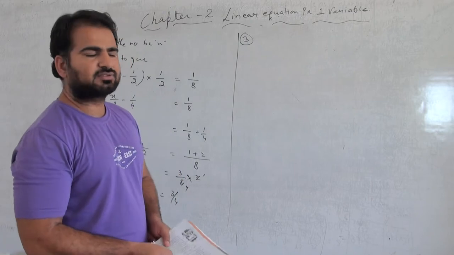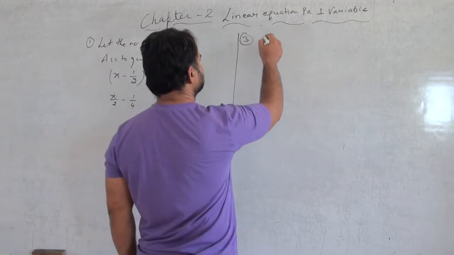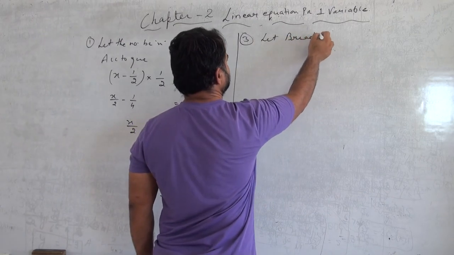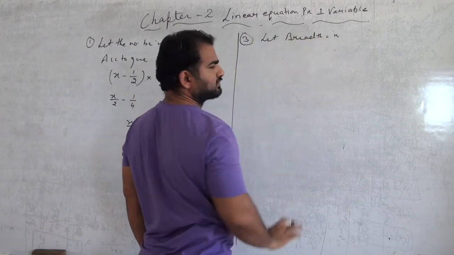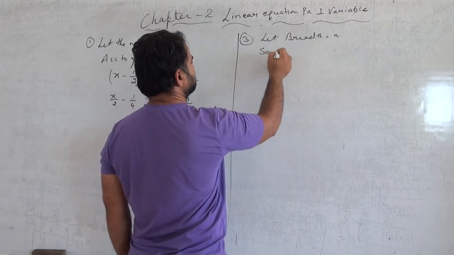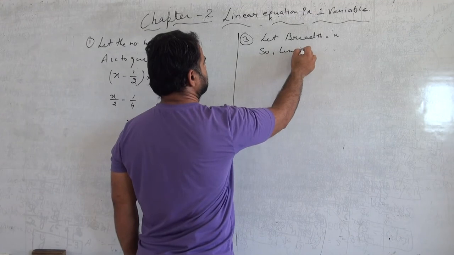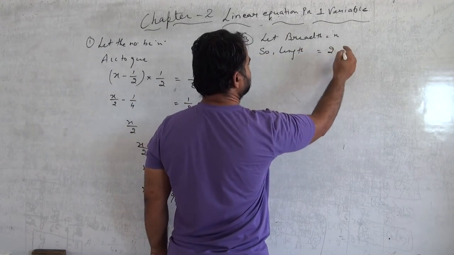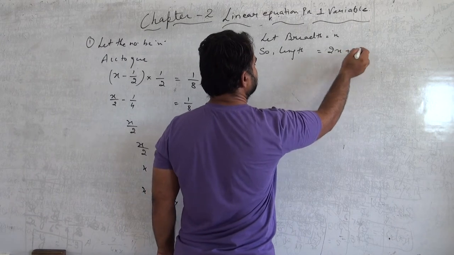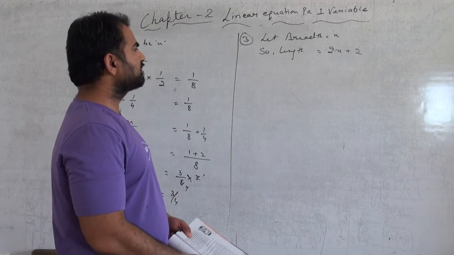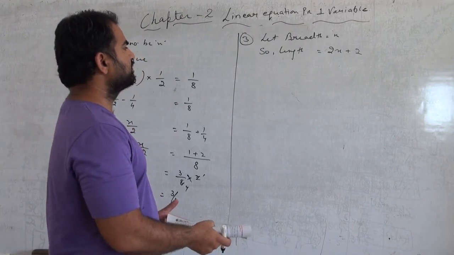So let breadth equal x. Length is twice the breadth plus 2.